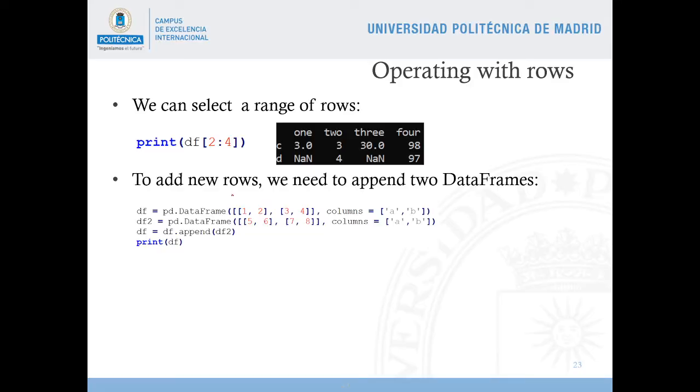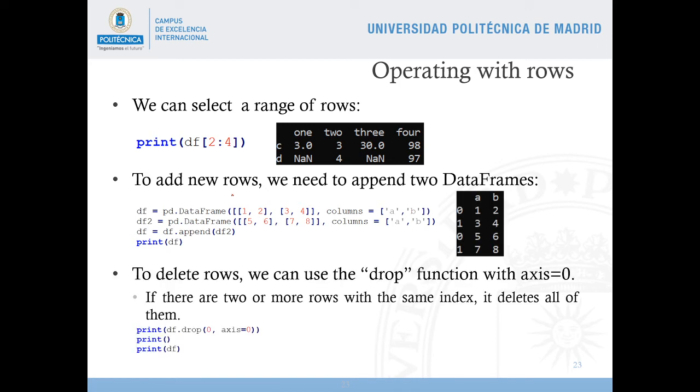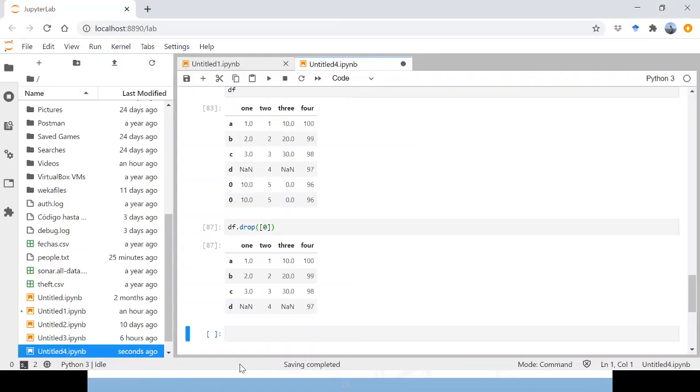Well, to add new rows, then we need to append two data frames. And to delete rows, we use the drop function with axis equal to 0. Equal to 0 is the default behavior. So actually we do not need to specify it as I did here.